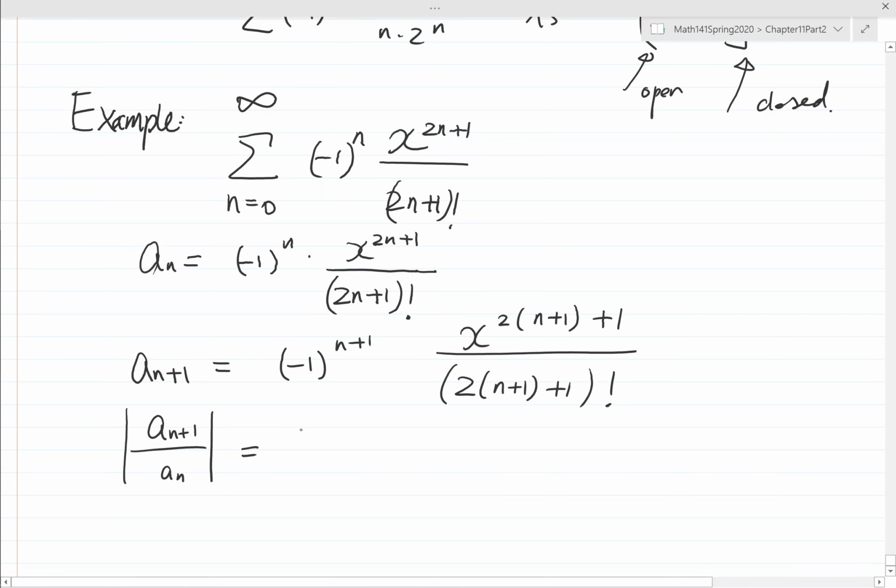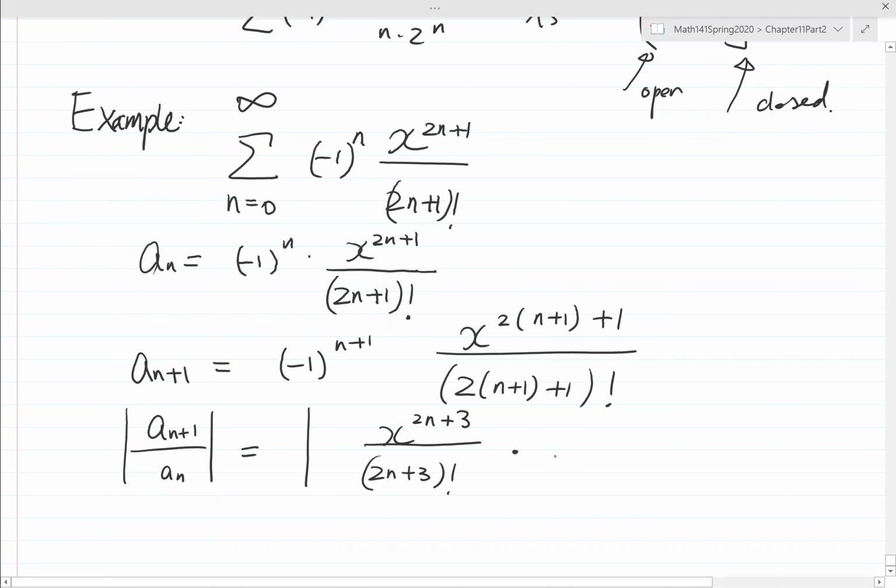Here the alternating factor, negative 1 to the power n, is just gone. Now you do some algebra: 2n plus 2 plus 1, you get 2n plus 3 over (2n plus 3) factorial.